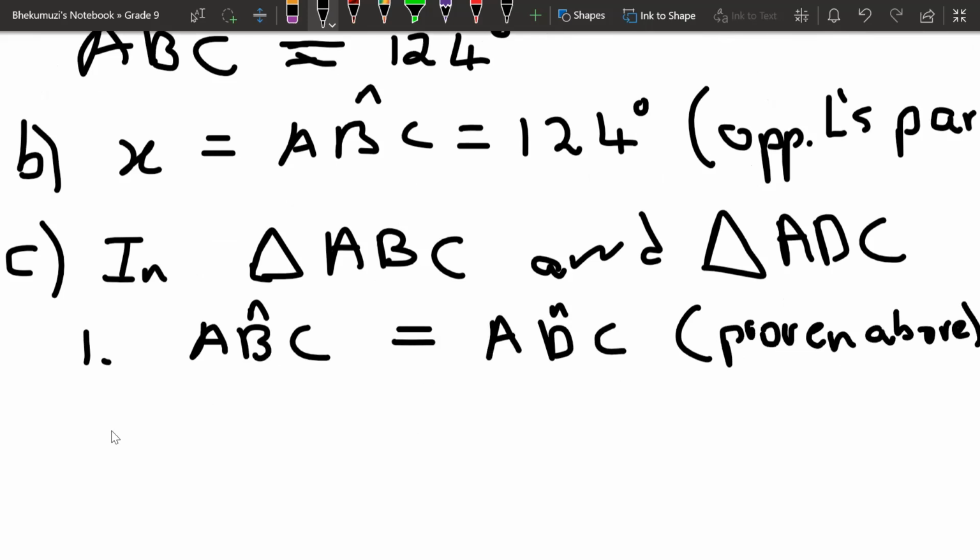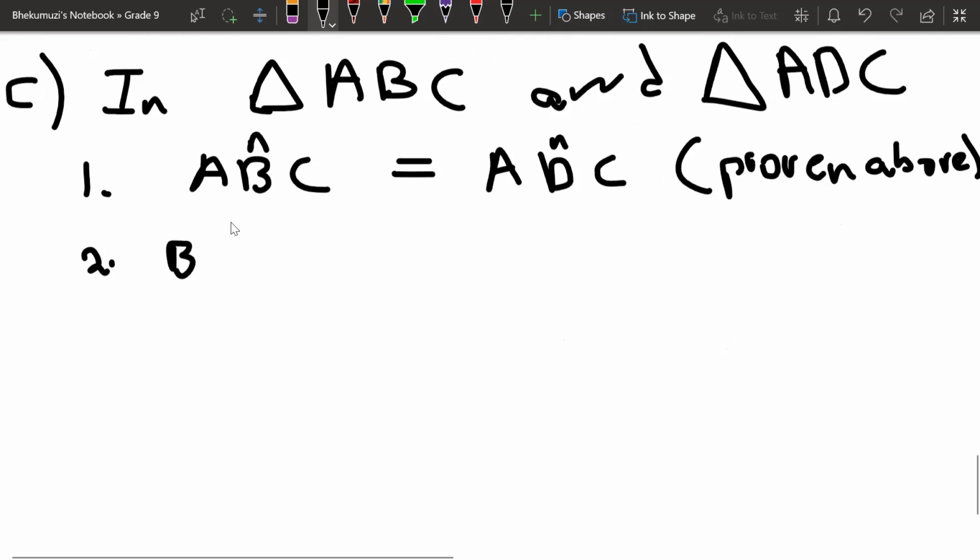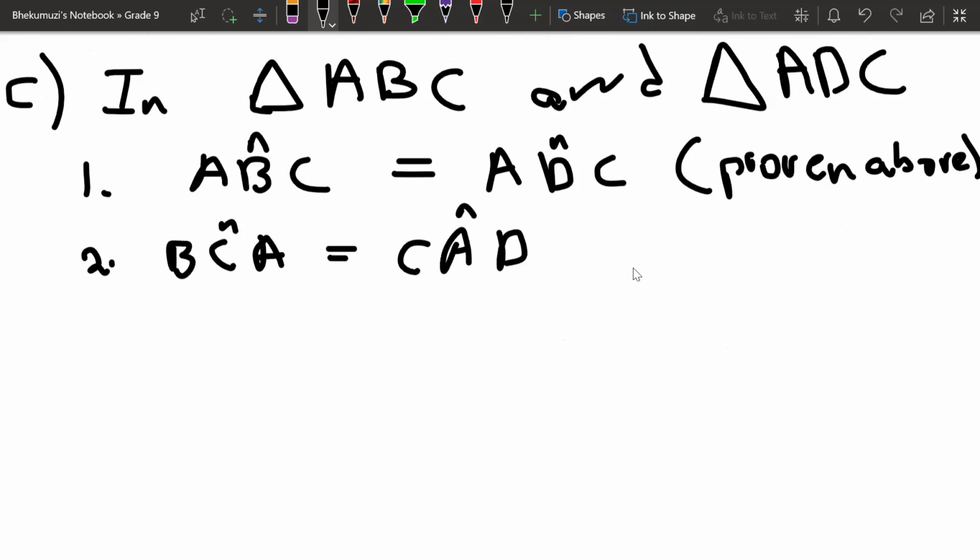Okay. The second reason is that when we have BCA, then we can see that this is equal to ACD. And the reason for that is that we can see that BC is parallel to AD, which results in alternate angles, right?